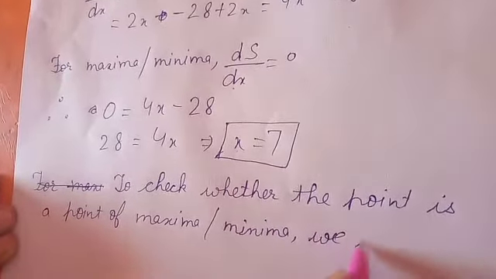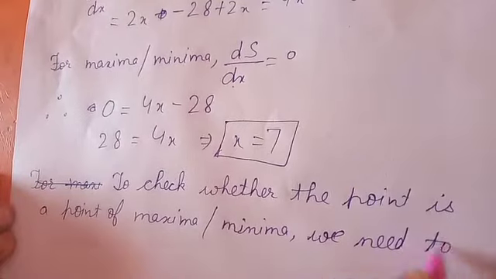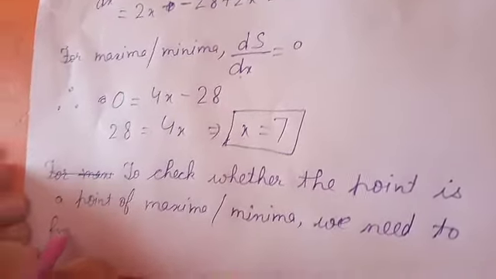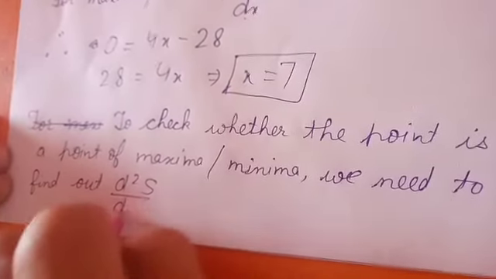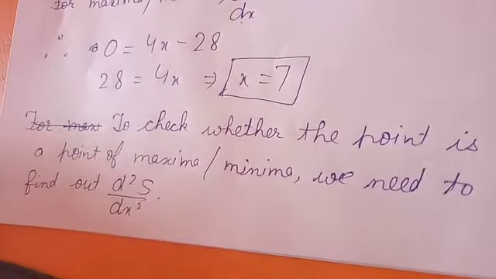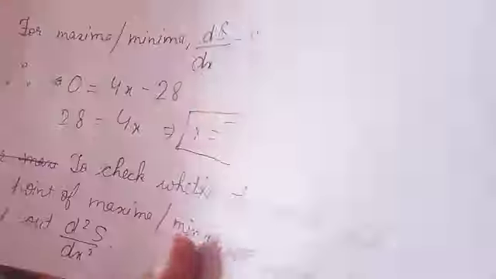We need to find out d square S by dx square. That means we have to do the double derivative.